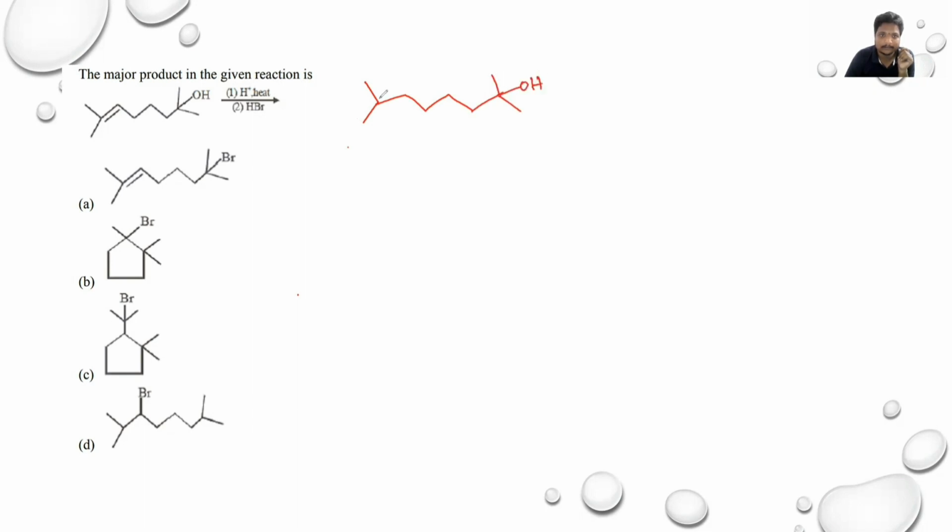So this is my substrate, on treatment with H plus. The oxygen here has a lone pair of electrons. It will take up the H plus, and it gives OH2 plus.